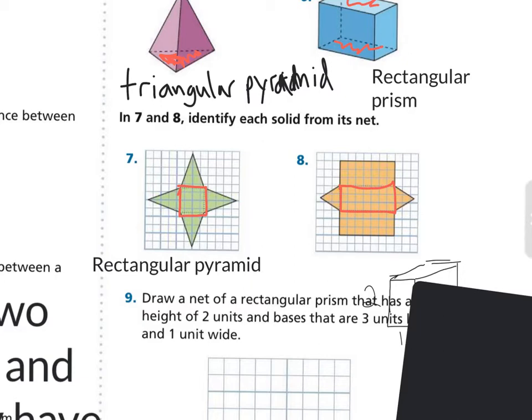So this one, if you can visualize that red rectangle there and then folding the other pieces up, what's actually going to happen is these triangles on the sides are going to end up being parallel to each other. So we have 2 parallel sides, they're triangles, so this would actually be a triangular prism.